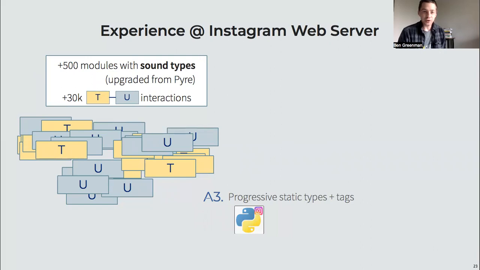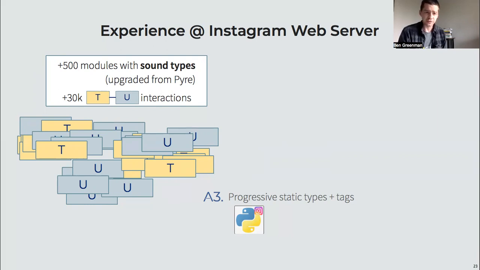So the web server code base started off with a bunch of modules. I don't know how many, but it's well over 500. And almost all of these had optional type annotations from Pyre written in. The static Python team has been looking at what are the most expensive modules in terms of the running time cost of these, and piece by piece upgrading these modules to have sound types using static Python.